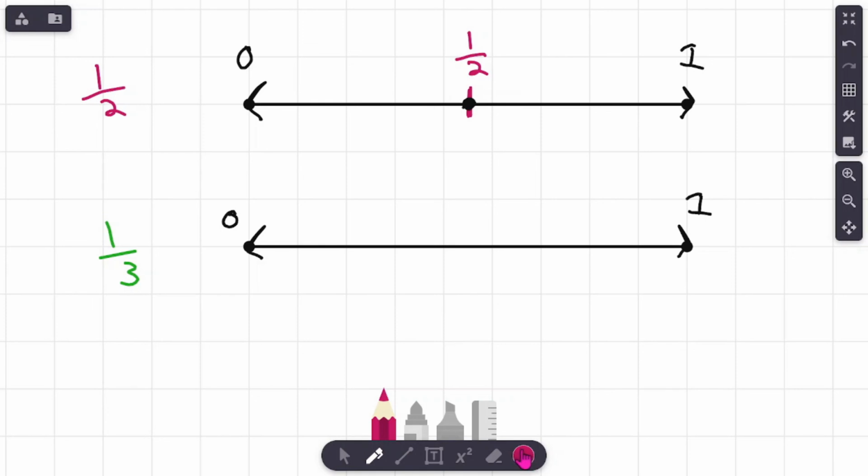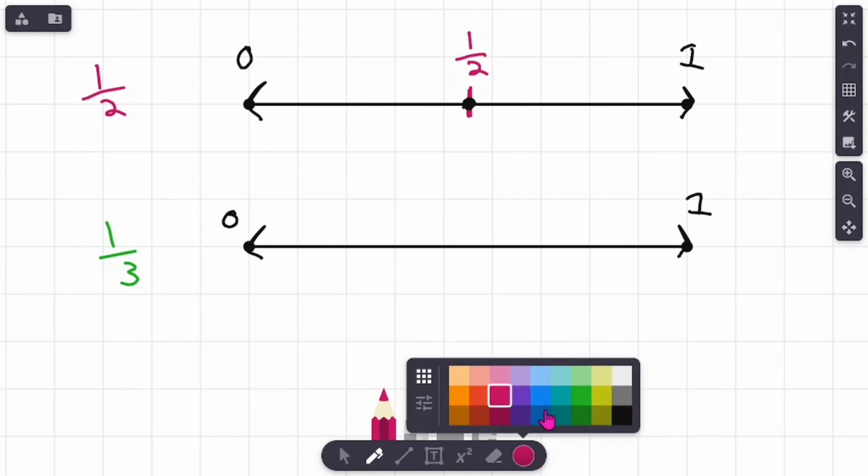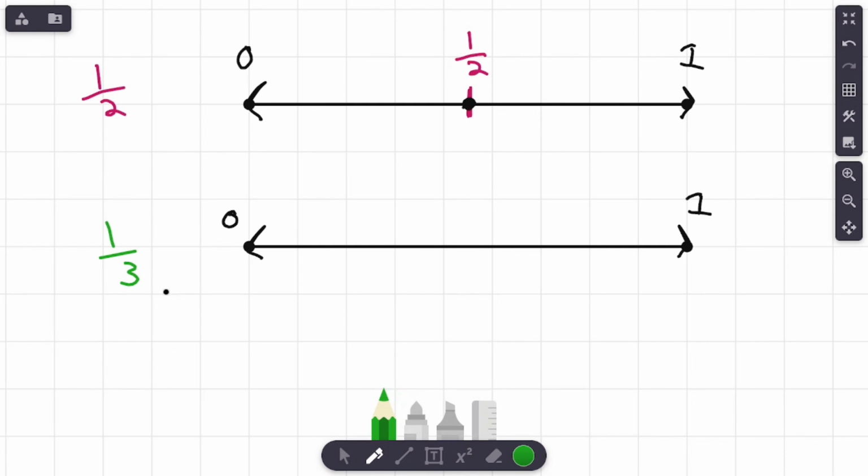Now, I've put a new fraction down here that we haven't talked about yet, and that fraction is 1/3. So let's break this one up. Let's partition it. What's our denominator? It's 3, so we need 3 equal sections. There's 1, there's 2, and there would be the third one. All right, what's our numerator?